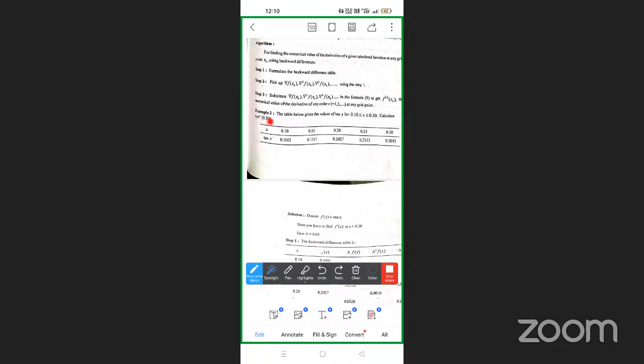Here 0.30 is at the end of the table, so we can use the backward difference formula.